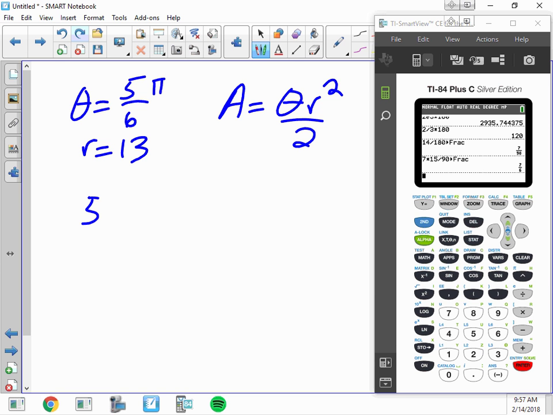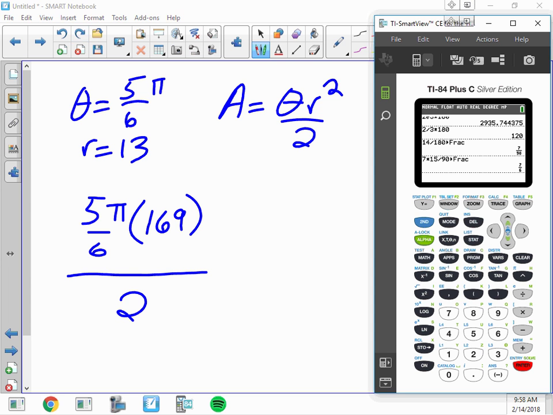So in this case, 5 pi over 6 times 13 squared, which is 169. And we're going to divide all of that by 2. So I end up with 5 times 169, and then divided by 6 and divided by 2, or we can just divide by 12.